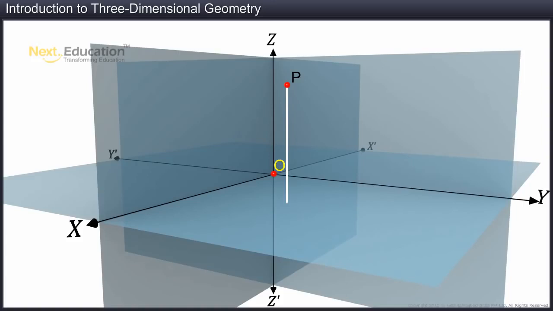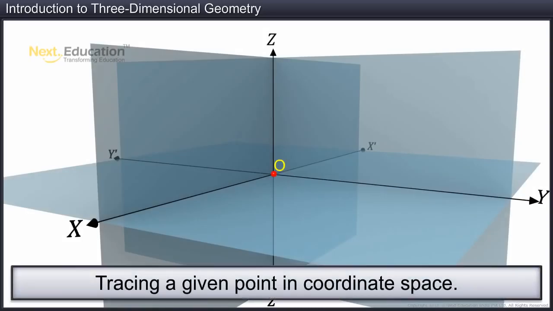Let this perpendicular meet the xy plane at point Q. Then, we drop a perpendicular from Q on the x-axis. This meets at a point, say R. Distance OR is the x-coordinate, RQ is the y-coordinate, and PQ is the z-coordinate.